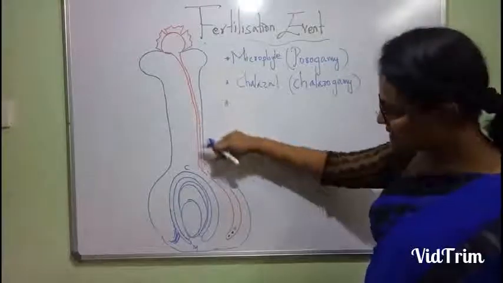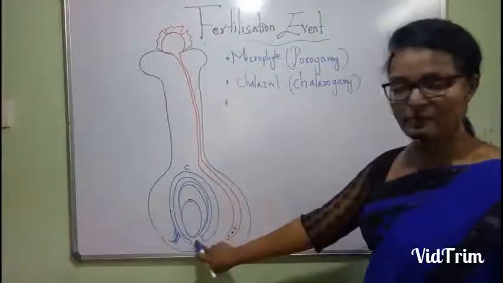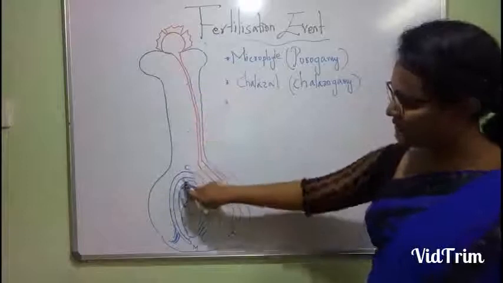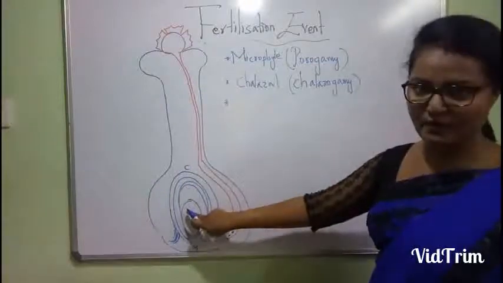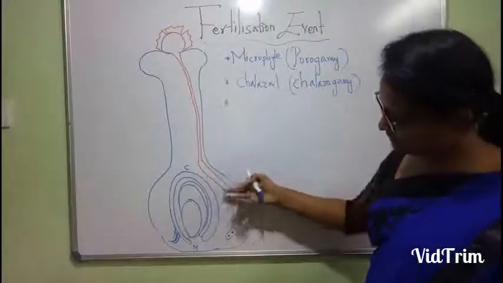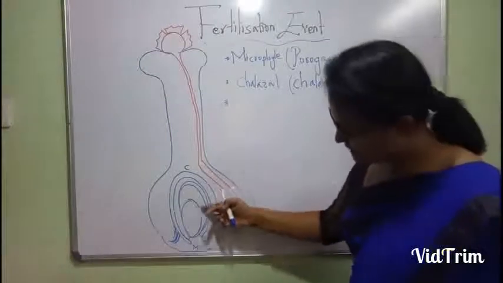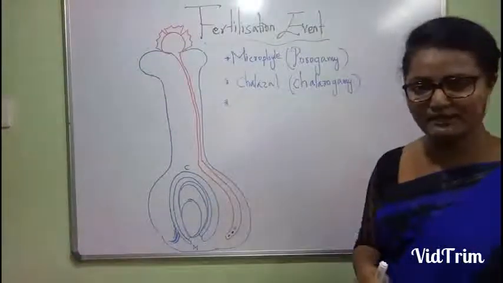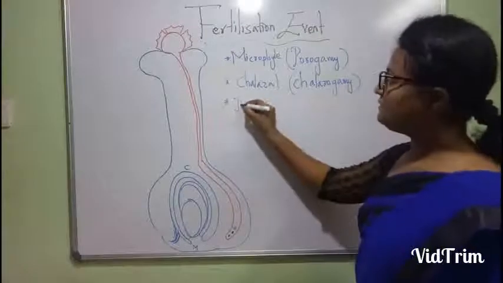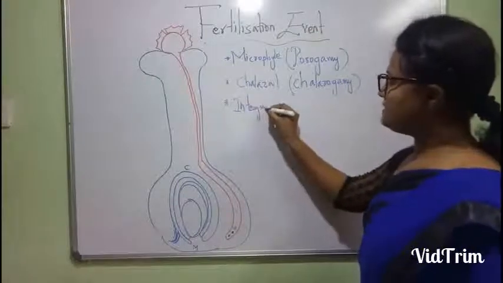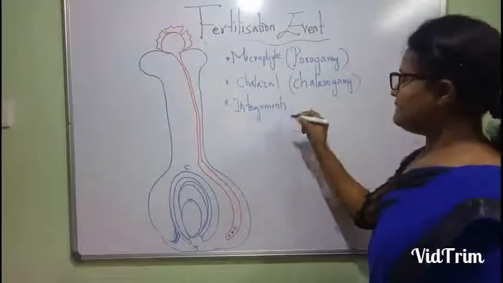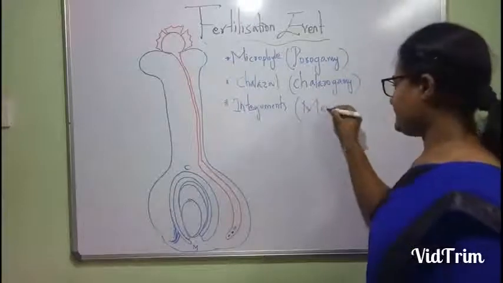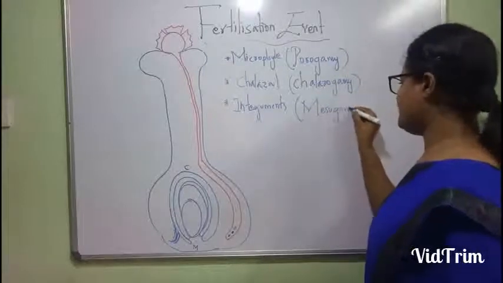See, this is entry through the micropyle. Sometimes there will be entry through the chalaza. Next, sometimes they cross the integuments and enter like this, through the integument. That we call mesogamy.